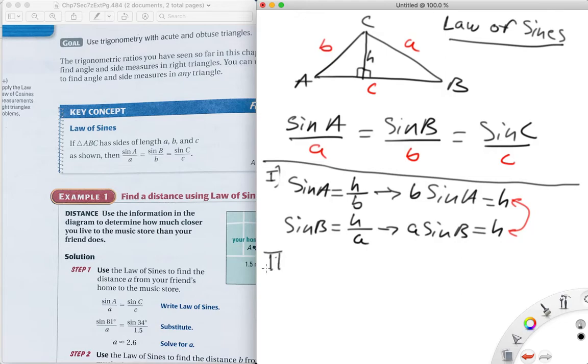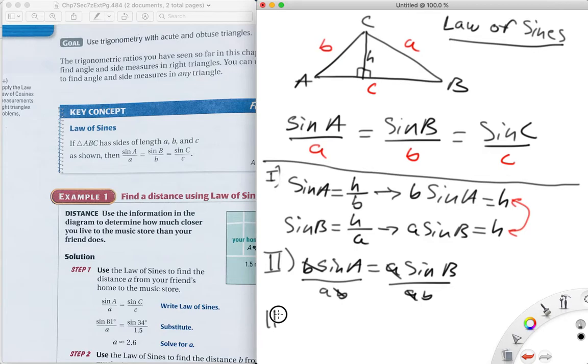So I'm going to substitute: B sine of A is equal to A sine of B. Then I can divide both sides by A and B. The A's cancel over here, the B's cancel over here, which leaves me with sine of A over A is equal to sine of B over B. And if I draw another altitude and call that H, I can solve it for C and the other triangle.